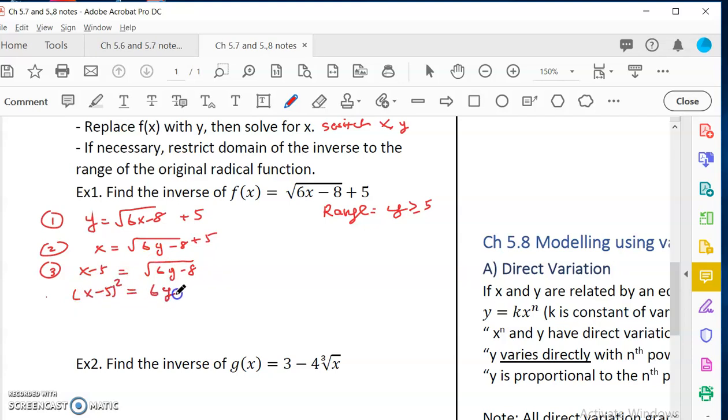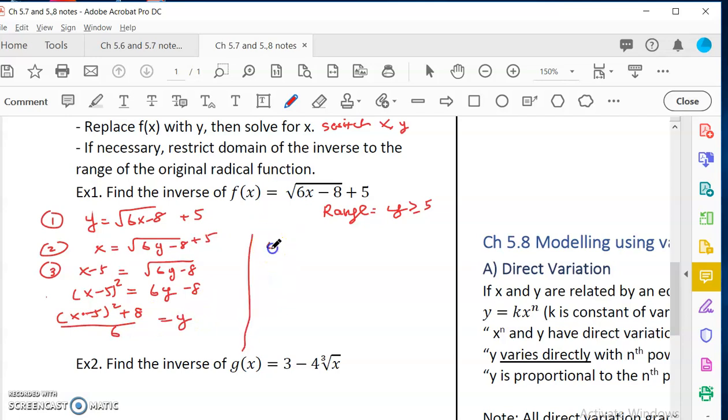So now x minus 5 squared equals 6y minus 8. And then we want to solve for y. So this is easy. You just get rid of the 8 and then divide by 6, right? So just do both steps at the same time: add 8 first, and then the whole thing divided by 6. That would be my y.